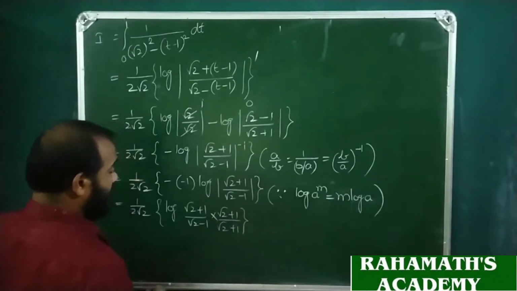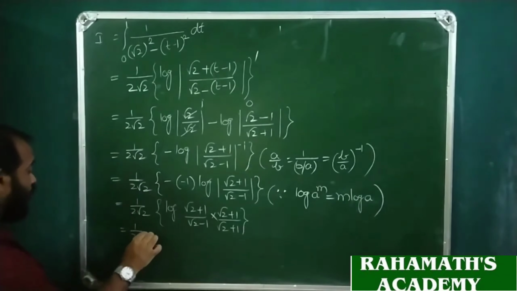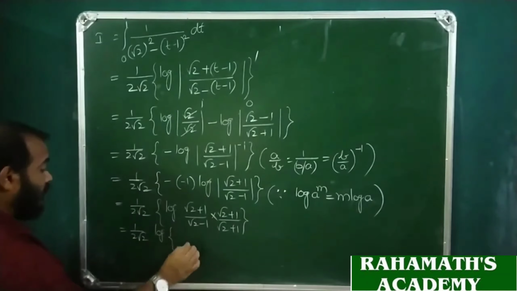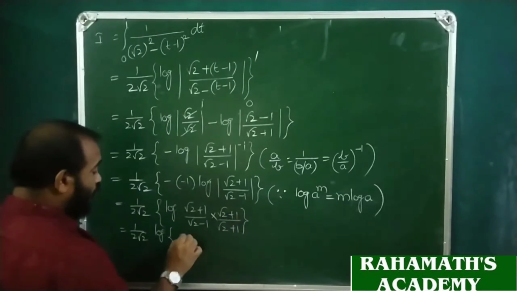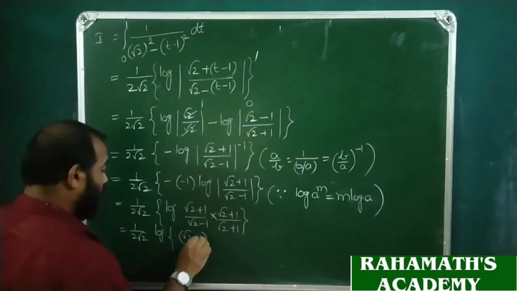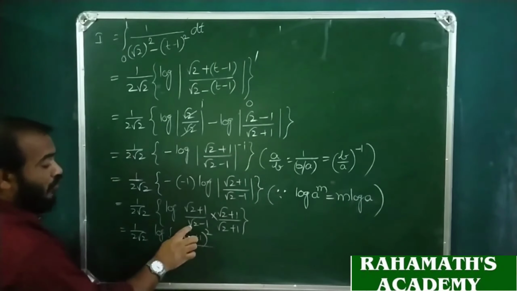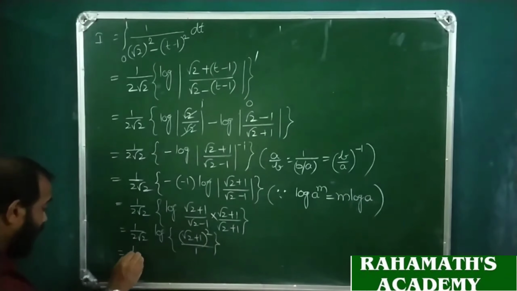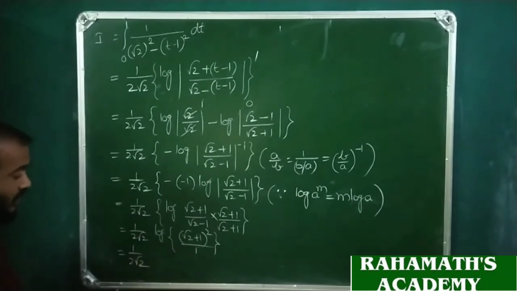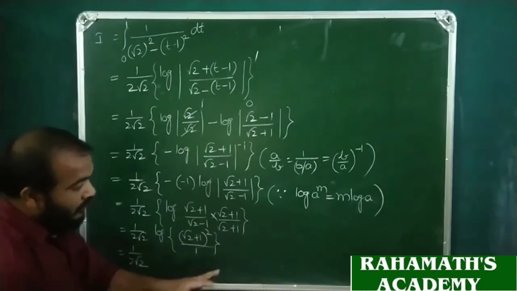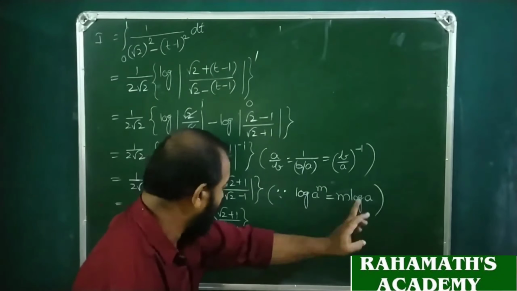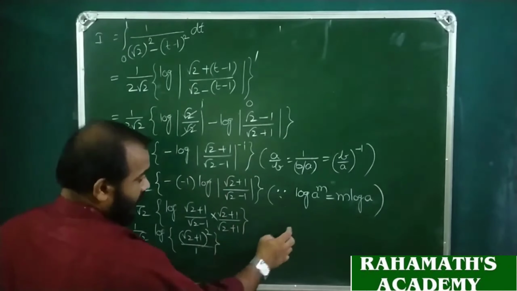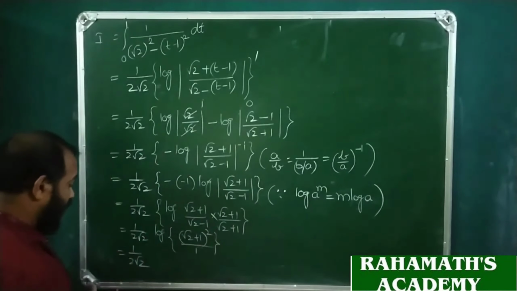Root 2 plus 1. So 1 by 2 root 2 log, root 2 plus 1 into root 2 plus 1 is root 2 plus 1 whole square, by root 2 whole square minus 1, which is 2 minus 1, so 1. So now 1 by 2 root 2, this 2, because log a to the power of m is m log a, according to this the 2 will come forward.